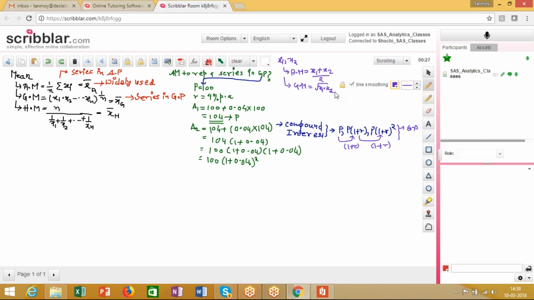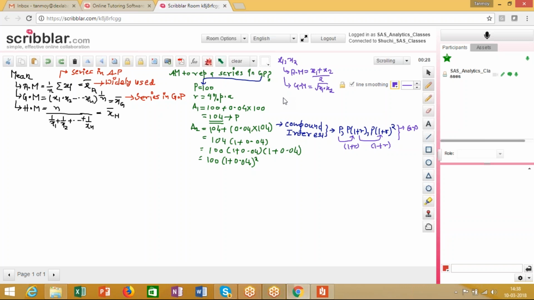Now I want to understand that if arithmetic mean is different from geometric mean, then there will be a problem. However, if arithmetic mean and geometric mean are equal, then it hardly matters whether I use an arithmetic mean or a geometric mean to find the average.